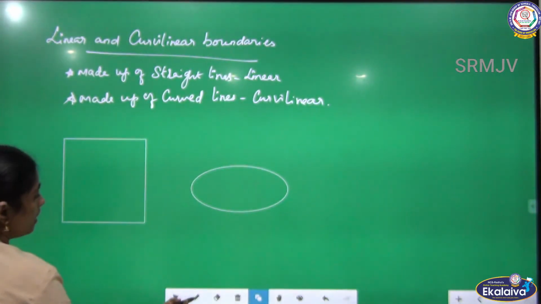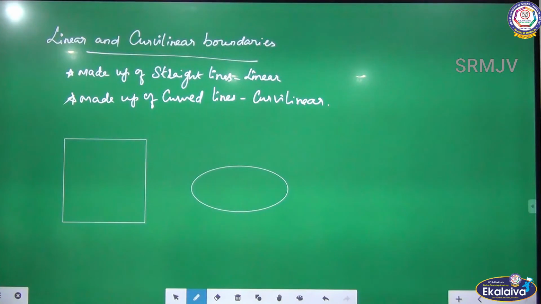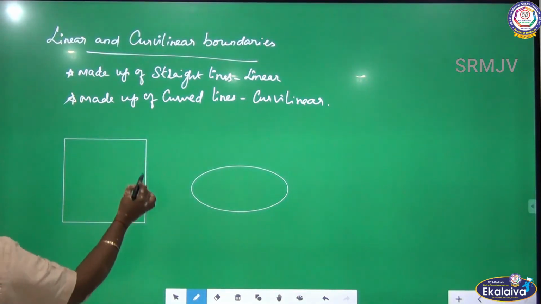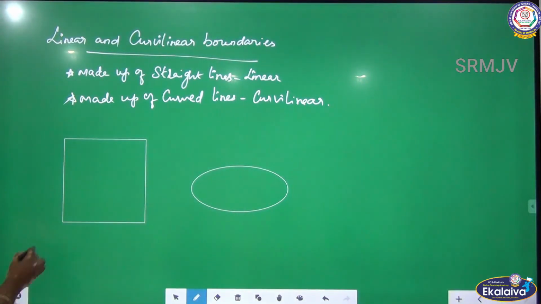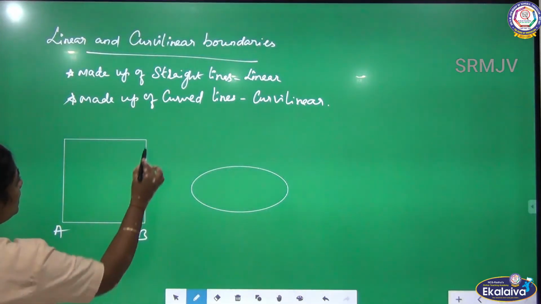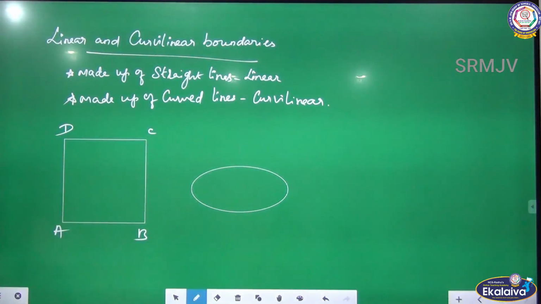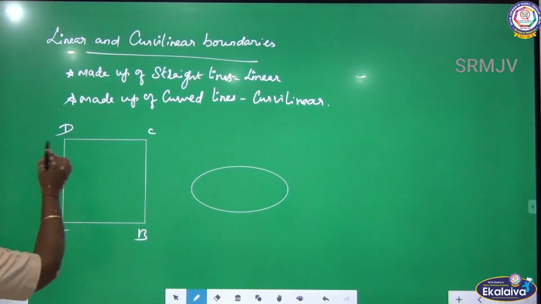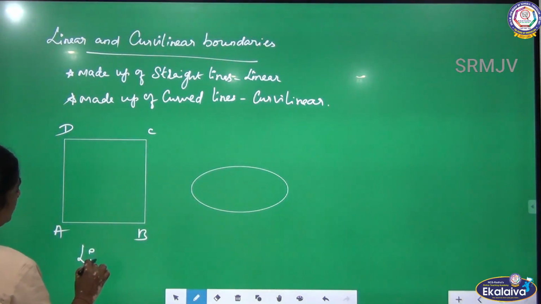Okay, now listen, see this figure, it is a square and it is made up of what? A, B, C, D. I use only capital letters, not small letters, to mark like this. Okay, see, this is made up of straight lines, so this is what?